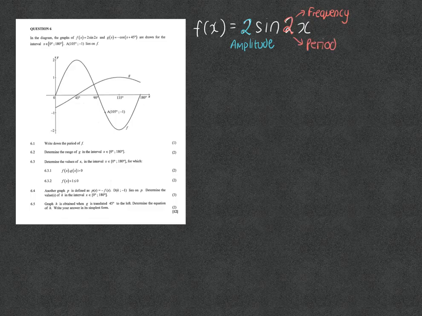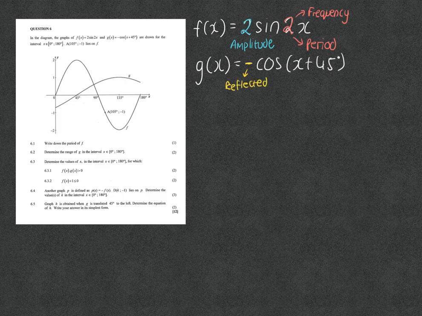Okay, and let's look at the next graph. We've got g of x equals minus cos of (x plus 45). So what does this mean? That means that this is a reflected, flipped graph about the x-axis.